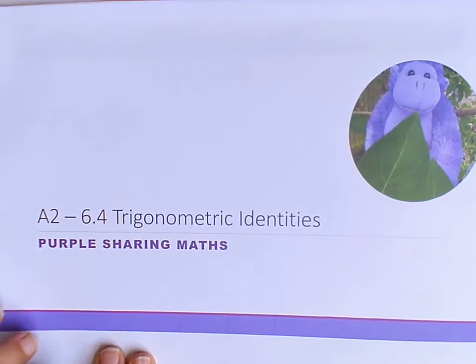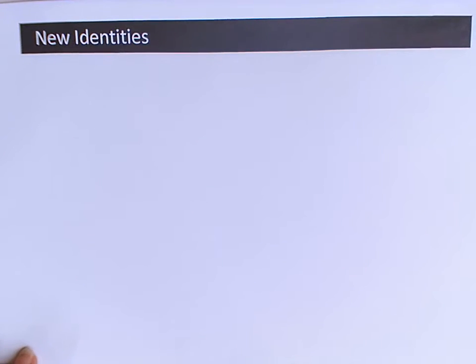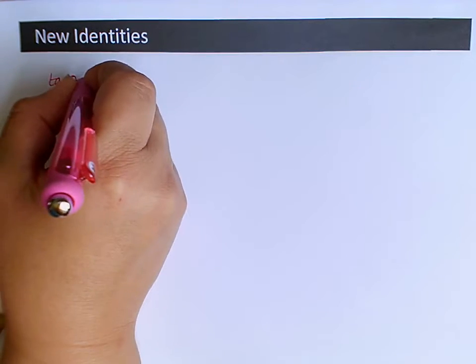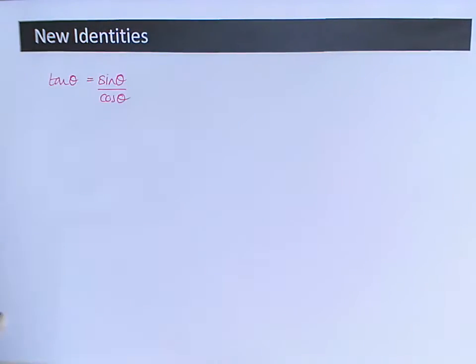So we've already in AS met trig identities, and two should immediately pop into your mind. Have a think if you know what they are. You should be thinking that tan theta equals sine theta over cos theta.